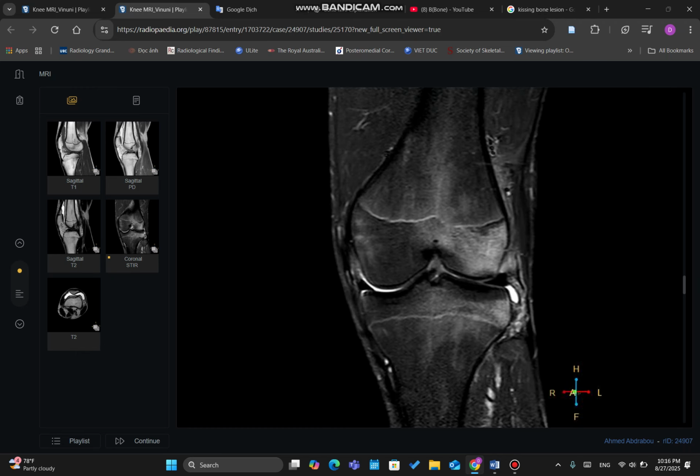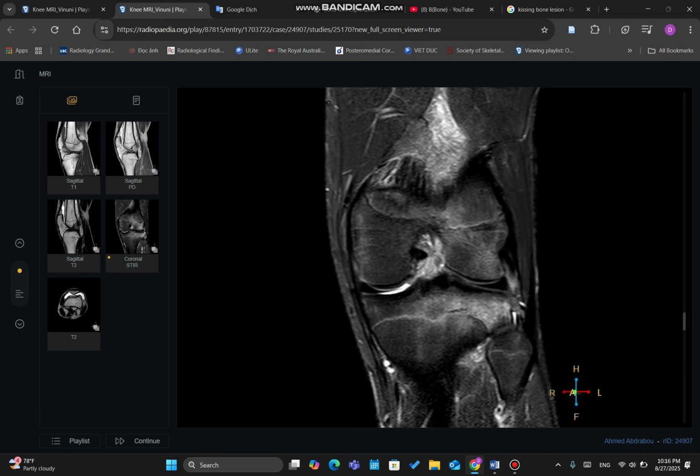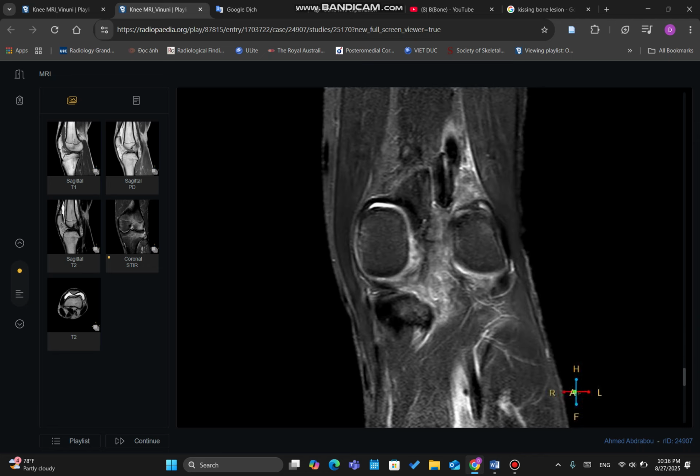In osteoarthritis, the medial tibial femoral joint will be narrowed, and in severe cases it can damage the posterior root of the medial meniscus and dislodge the body of the medial meniscus out of the normal tibial femoral joint.